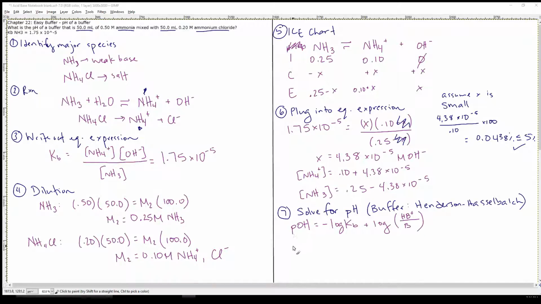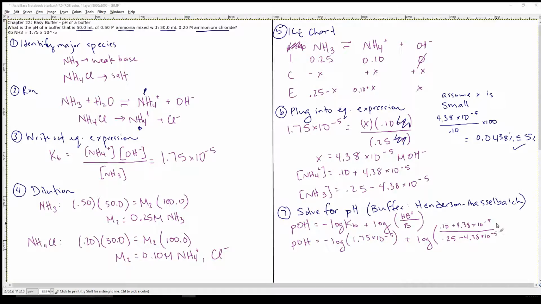Okay, so pOH is equal to negative log of our Kb, which was given, 1.75 times 10 to the negative 5, plus the log of our ion, so that's ammonium, 0.10 plus 4.38 times 10 to the negative 5, over our 0.25 minus 4.38 times 10 to the negative 5.